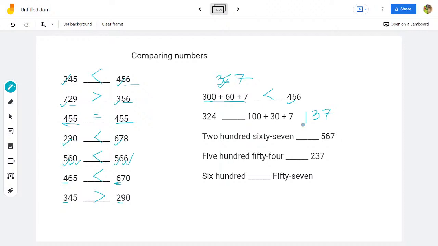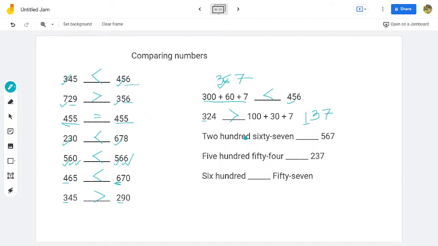Let's have a look at the hundreds column. Here we have a 1, here we have a 3. 1 is less than 3. 1 जो होता है वो 3 से छोटा होता है, which means 137 is less than 324. So the hungry crocodile will eat 324. And we would use the more than symbol over here.